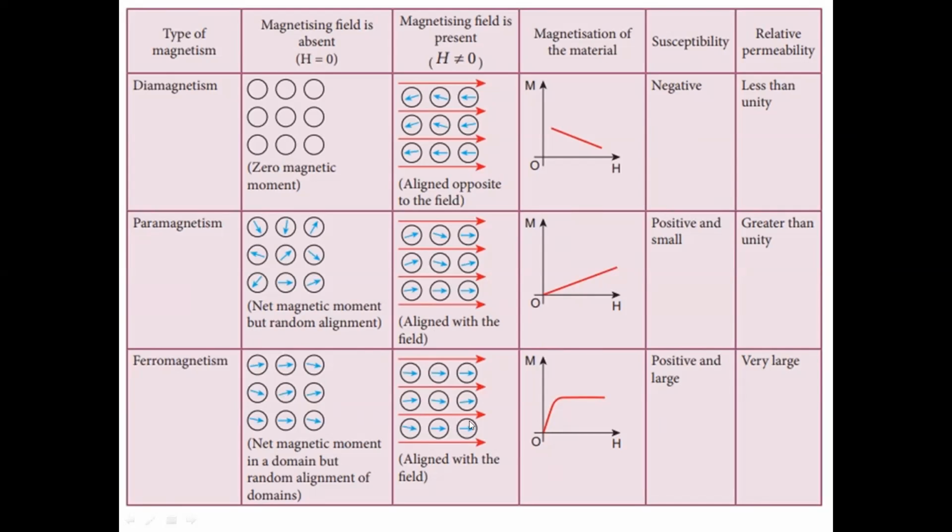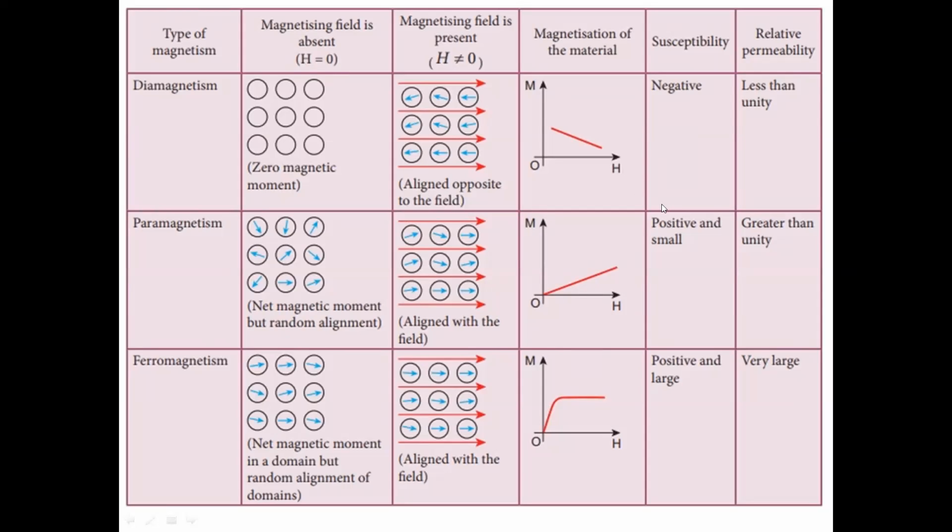If you apply the magnetic field, all molecules are aligned in a perfect sequence. This is the orientation of molecules without magnetic field, and with magnetism, the orientation of molecules is like this. See this.